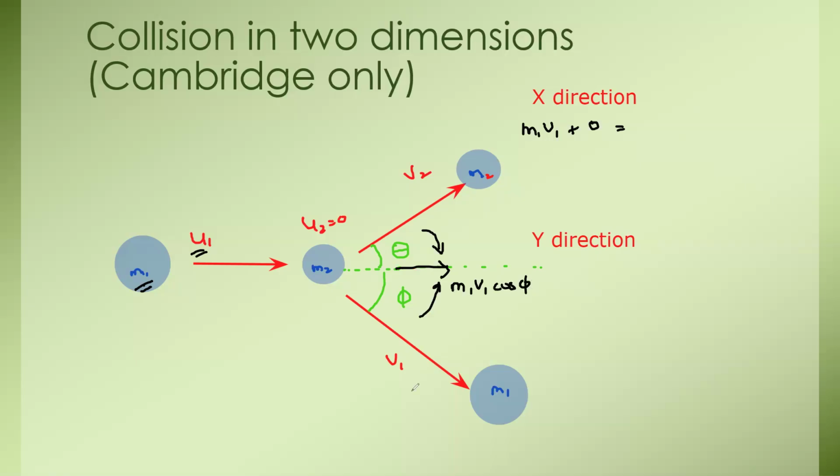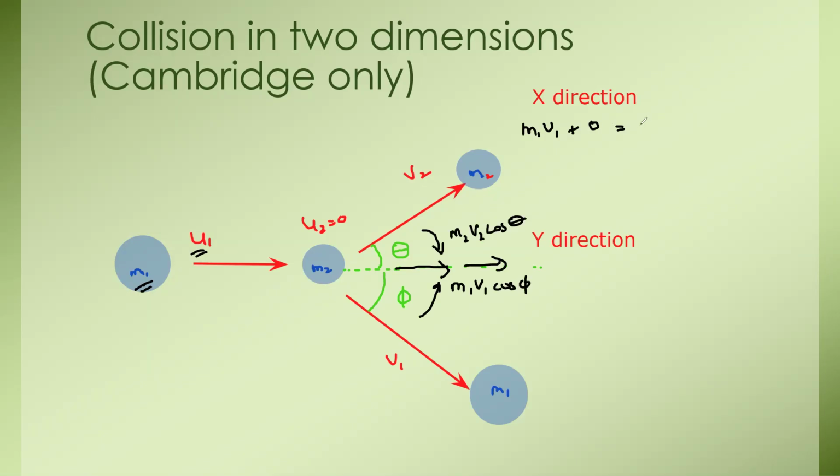Is it clear? Why? Because it is at an angle. Same thing for M2: this will be M2 V2 cosine theta. So these are the components in the x direction.